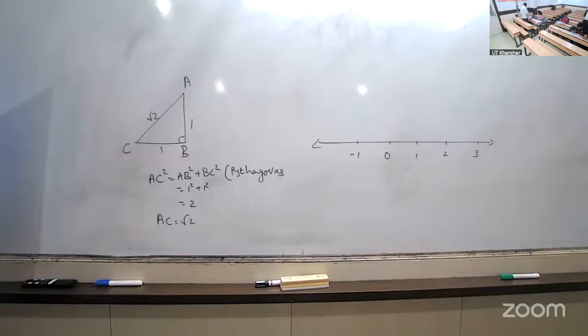So mark 90 degree. Where is 1? Then mark the dot. Okay, 1 perpendicular is made.